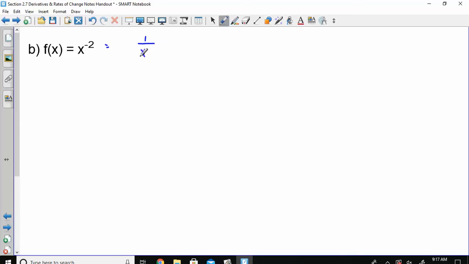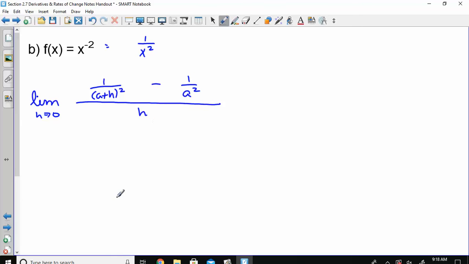Okay, remember, a negative power just means 1 over that. So if we do the definition, the limit as h approaches 0, f of a plus h, so plug in an a plus h, minus f of a all over h.